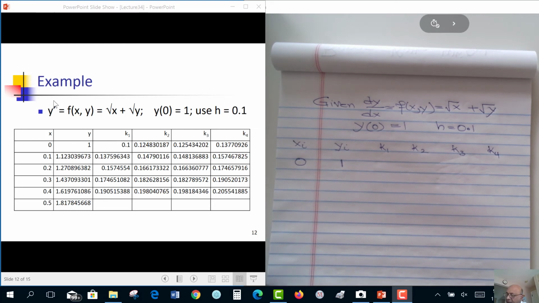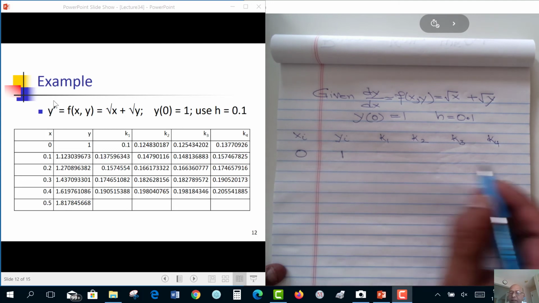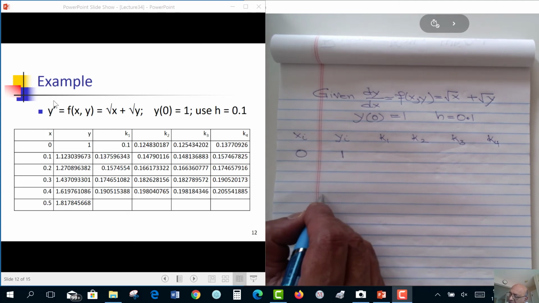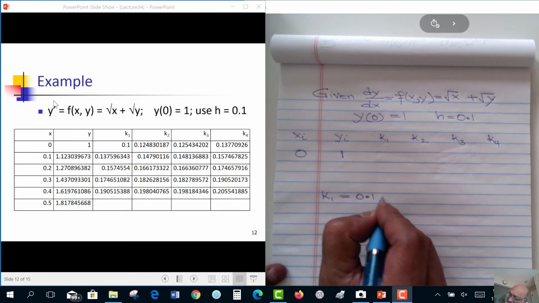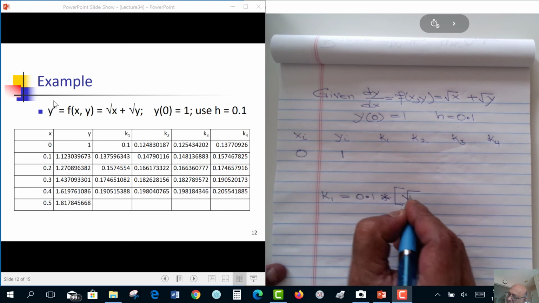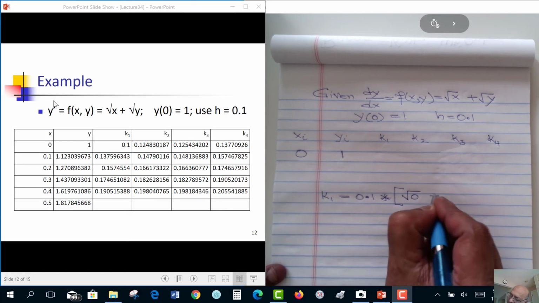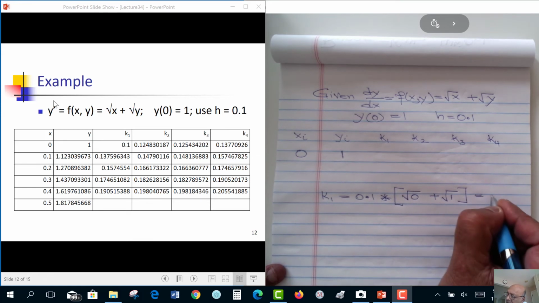So even though I have a table, I'm going to write out longhand for the first iteration. So what is our k1? H times function, and our function is square root of x plus square root of y. So we will get 0.1.